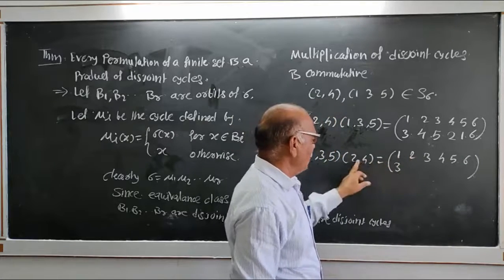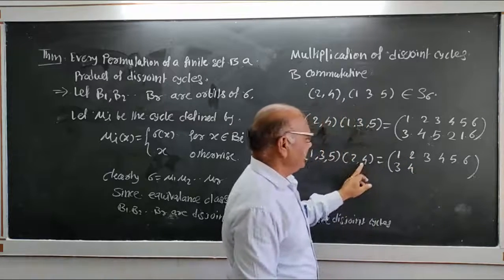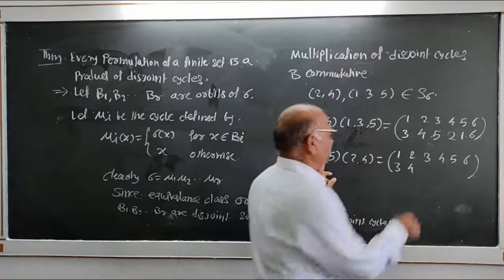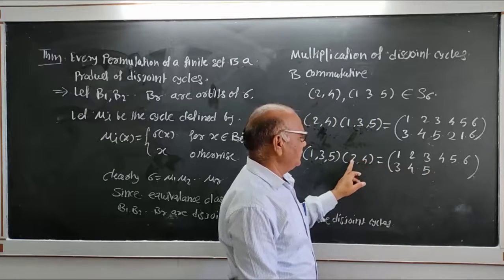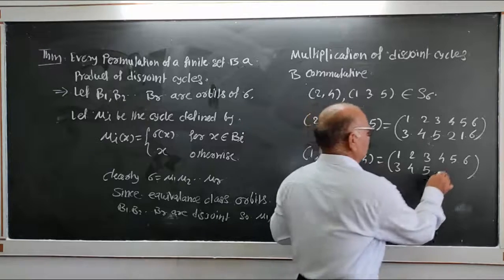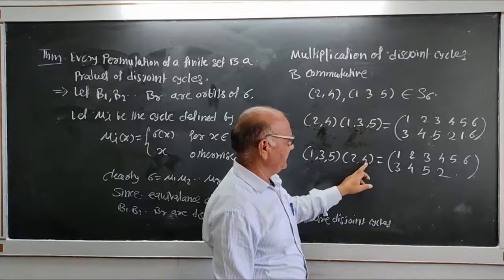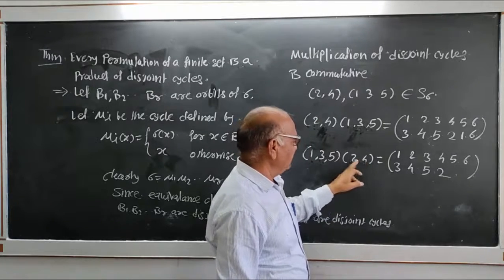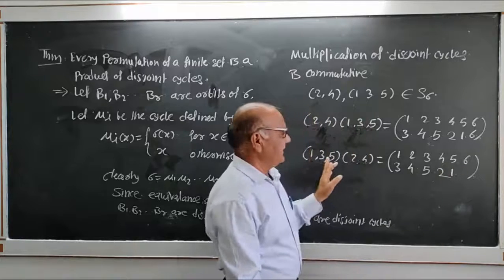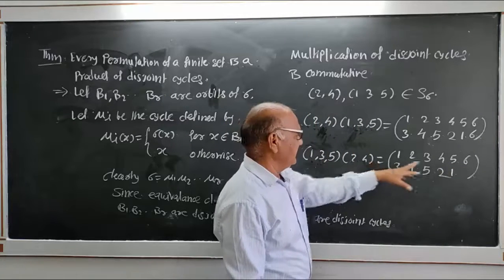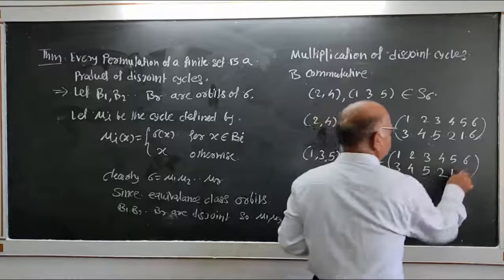Here 2 goes to 4, 4 goes to 4. 3 goes to 3, then 3 goes to 5. 4 goes to 2, 2 goes to 2. 5 goes to 5, then 5 goes to 1. And 6 goes to 6.